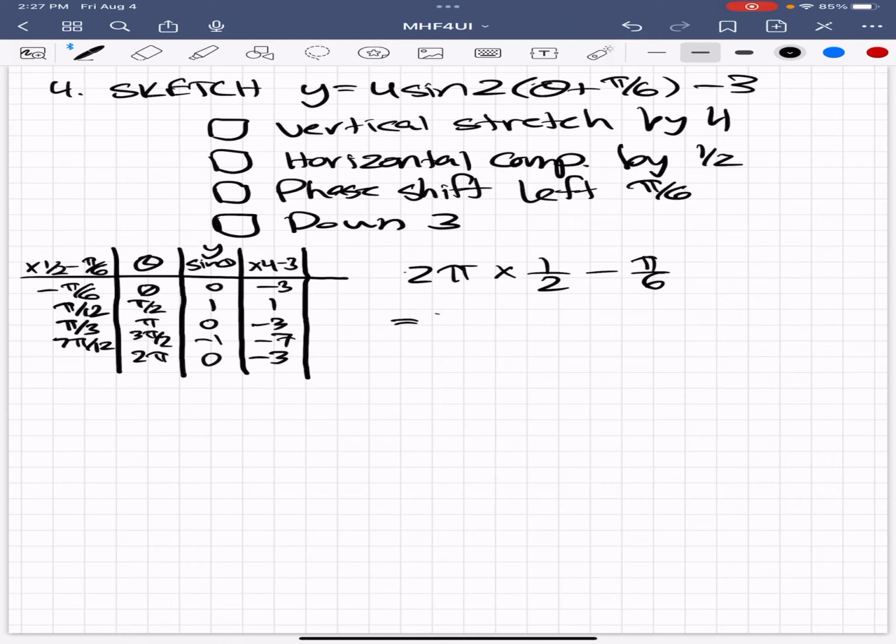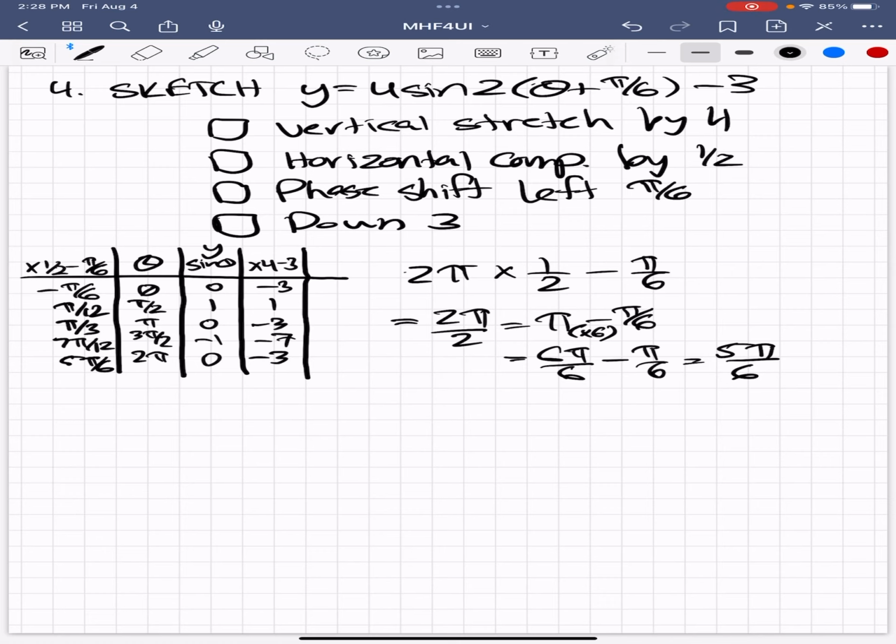Okay, so 2 pi over 2 equals pi minus pi over 6. I'm going to multiply this by 6. 6 pi over 6 minus pi over 6 equals 5 pi over 6.